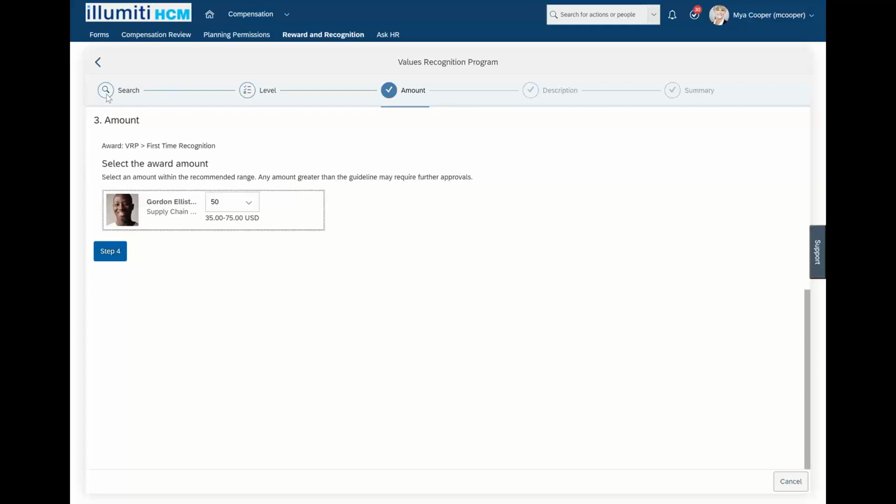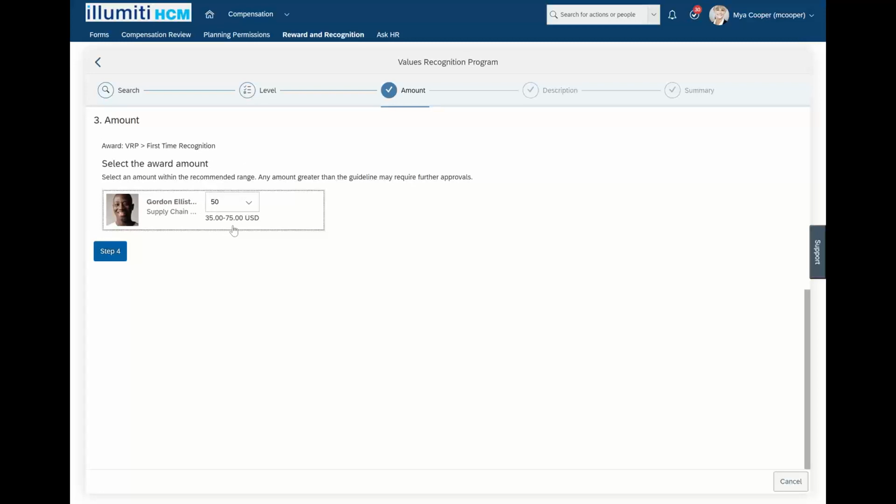I've chosen an award and a person, I've chosen a level, and now I need to choose an amount. This system, based on that level of first-time award, has given me some guidelines as to what is typically given. And it's actually defaulted in the commonly given value or amount here.